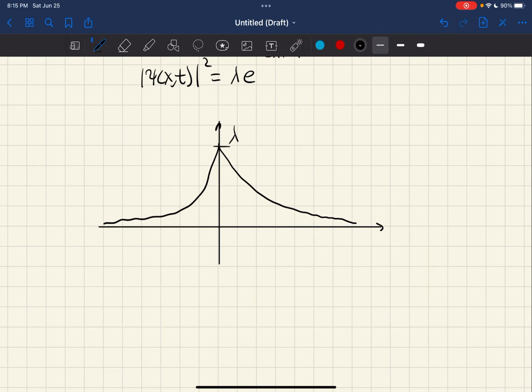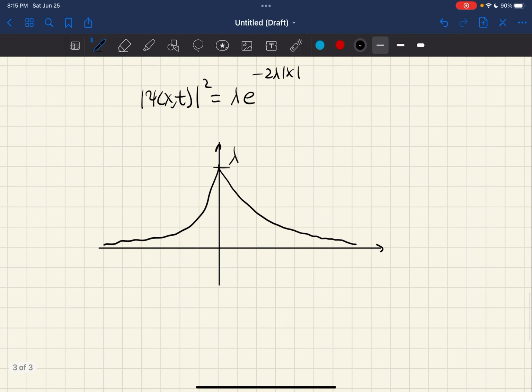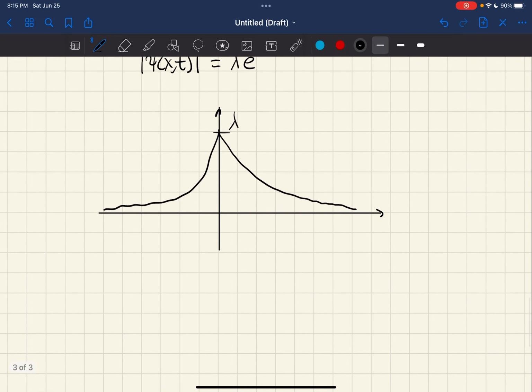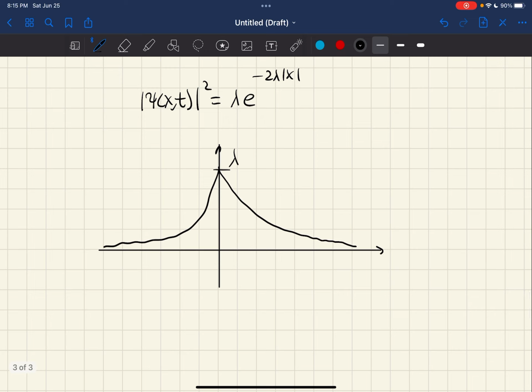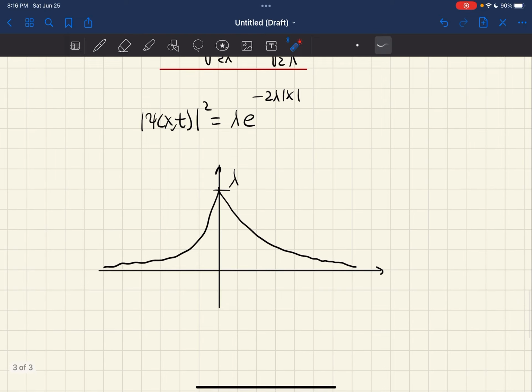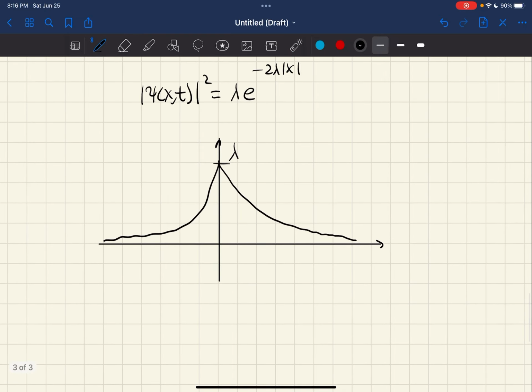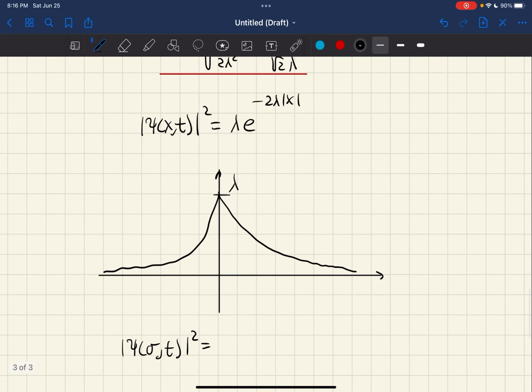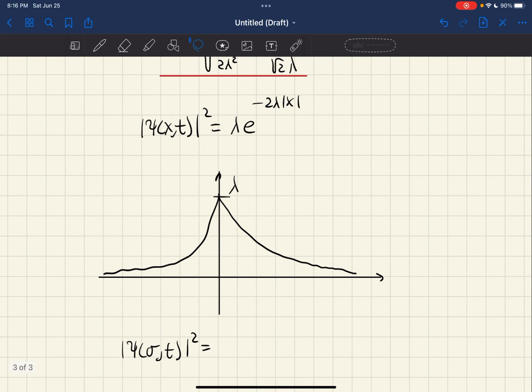It's fine though. And then Griffiths wants us to find the value of psi squared at the expectation value of x plus the standard deviation and the expectation value of x minus the standard deviation. But the expectation value of x is 0, so we just need to find what psi squared is with the standard deviation plugged in and the negative standard deviation plugged in, but you can see that it's going to be the same value due to the symmetry here.